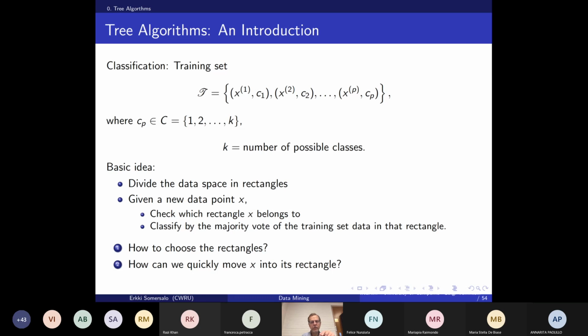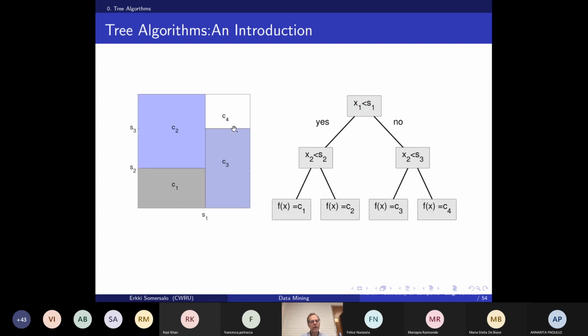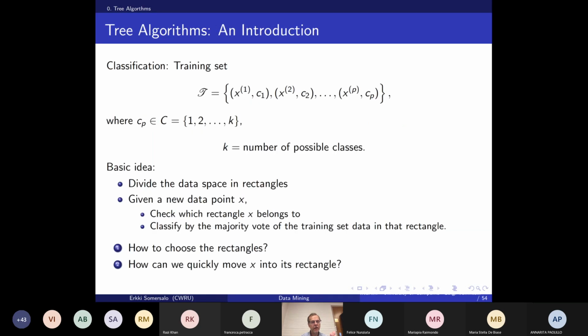So suppose, let's go back here, that in the classification case you have these rectangles C1, C2, C3, C4. I give you a vector X and you end up, let's say, in the rectangle C2. Then you go and see what the majority of the cases in your training set in this C2 represent, and you classify to that class according to the majority vote.